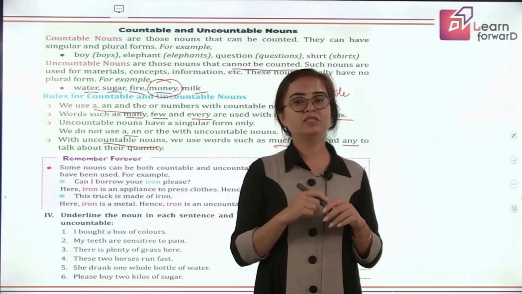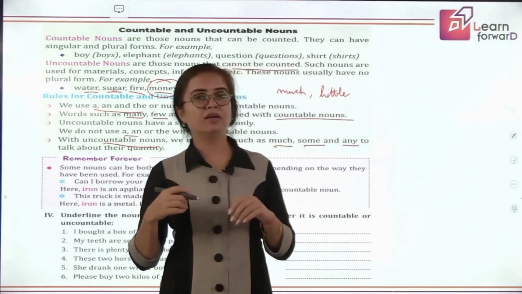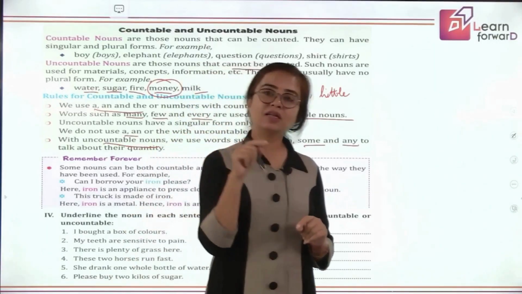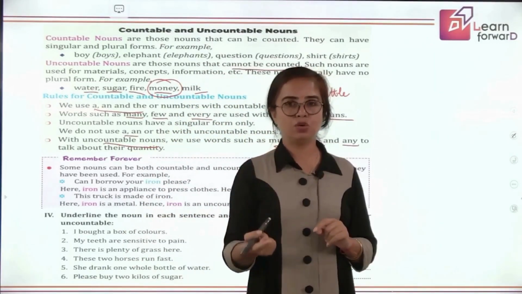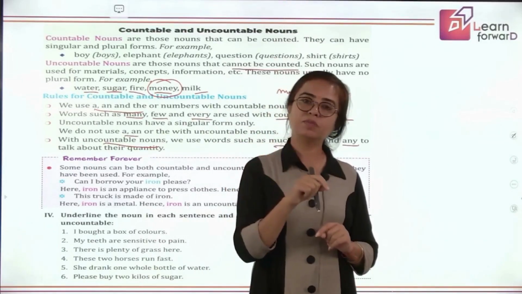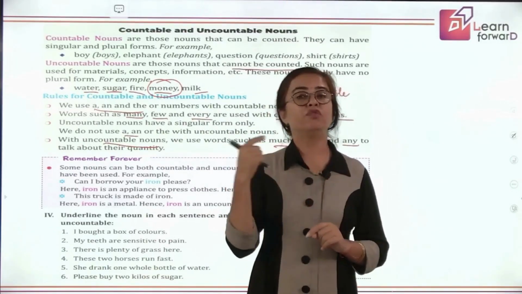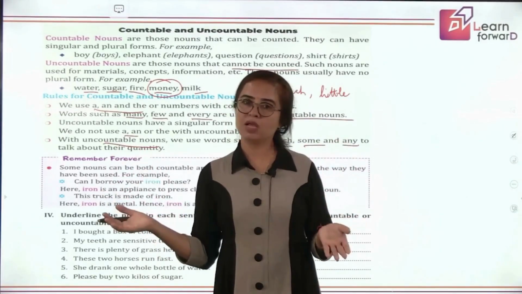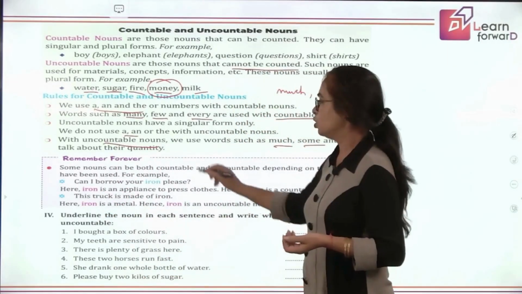But when I say this table is made of iron, that is a material noun. See, the word is the same, but it matters how it is being used. If you are using it as countable, it will be singular or plural. If you are using it as uncountable, like the material iron, it will be uncountable, right? So you have to remember this.